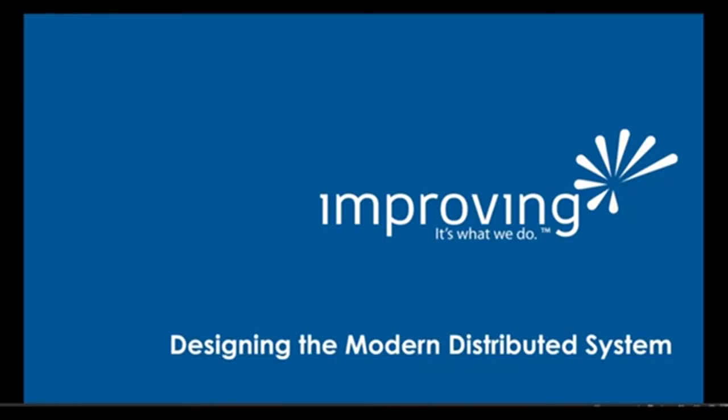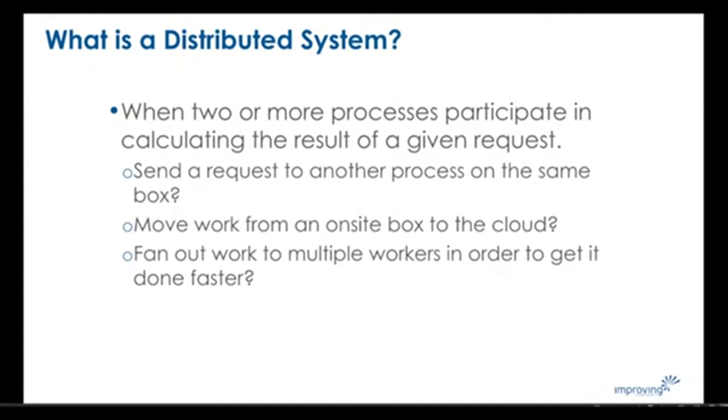So with that, let's talk first a little bit about what is a distributed system. I think it's when two or more computers are involved in a process. So it can even happen on one computer if you're sending a request from one process to another, or moving from an on-site box to the cloud, or fanning out across multiple workers.